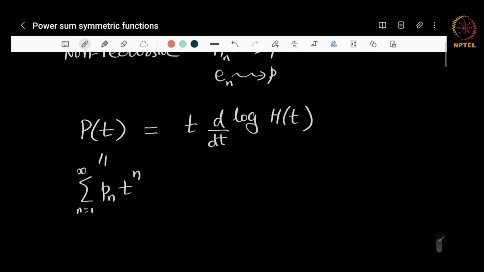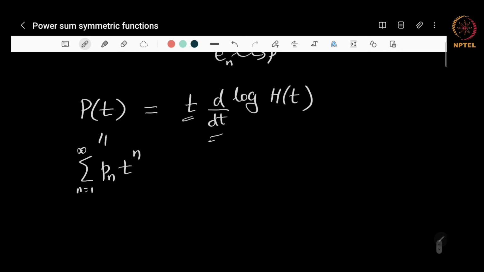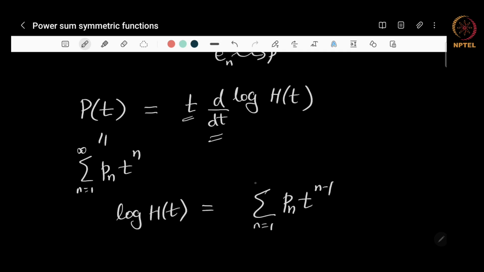And so what I can do is divide both sides by this t, and then I integrate. So instead of the derivative, I just apply the integral to both sides. When I do that, what I obtain is log h t is summation p n t power n minus 1, n going from 1 to infinity, and I'm looking for the integral dt of this, term by term integration.